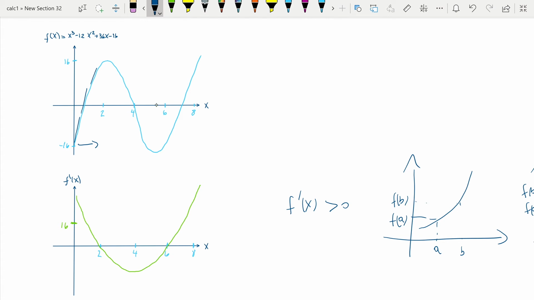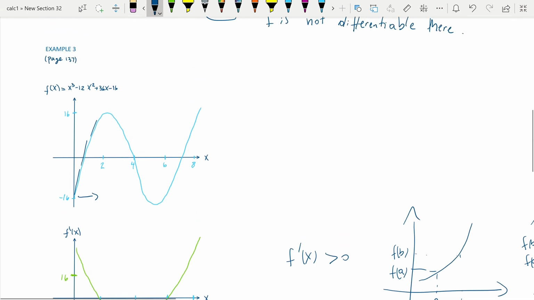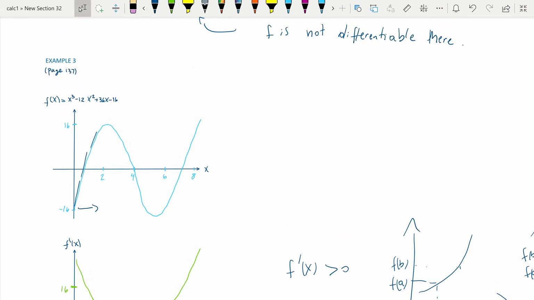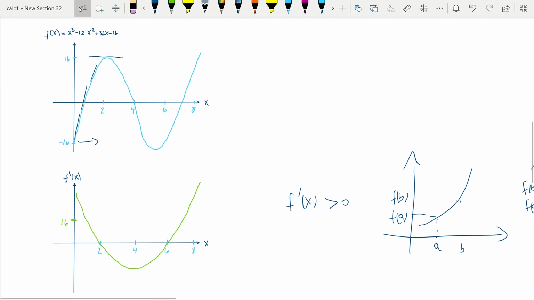And at the point 2, f prime is 0. Remember what we said about points where f prime was 0? We have a horizontal tangent line. Right, and this is exactly what we see happening when x is equal to 2.